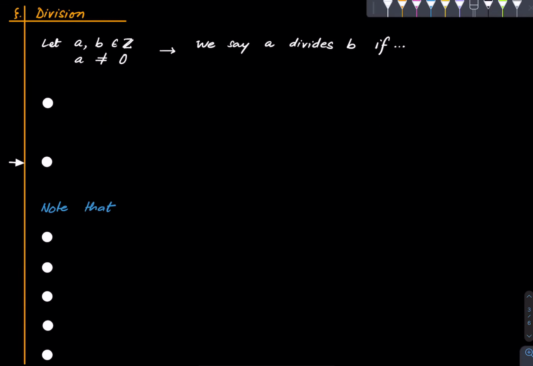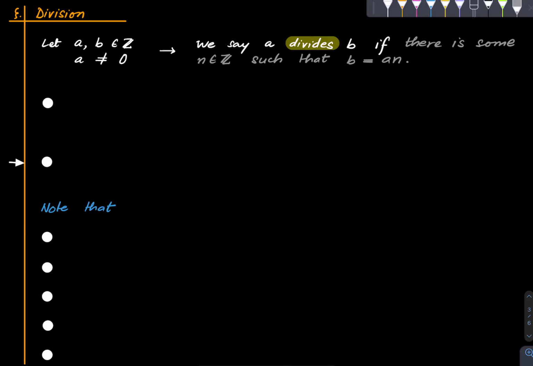And now we can get to the material of this lecture. We want to talk about division with remainder, and hence let us first define what is meant by division. Fix two integers a and b and assume that a is non-zero. We say that a divides b if there is some integer n such that b equals an.